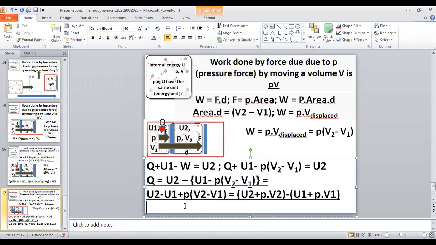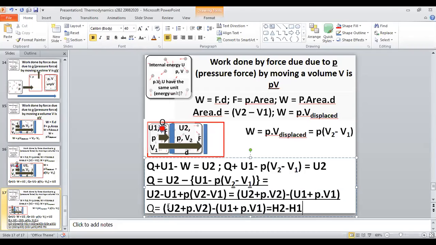So what is Q now? This one from the above equation, what is this? H2 minus H1. That's right.